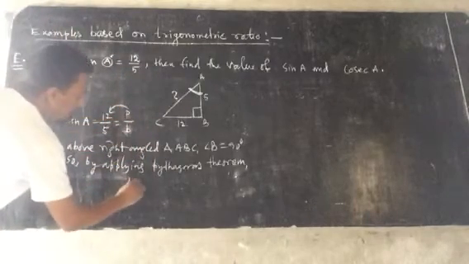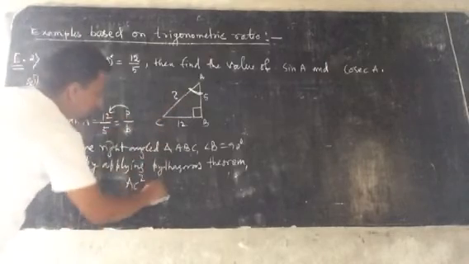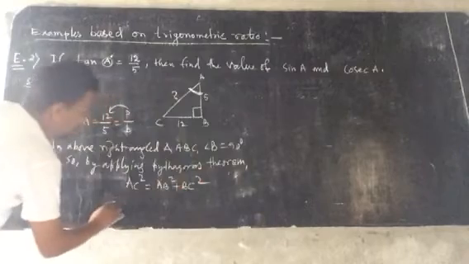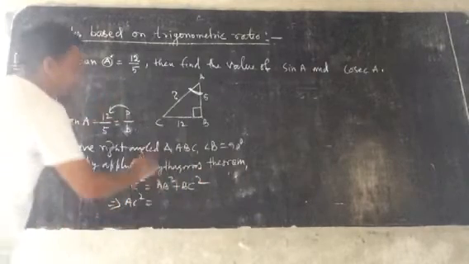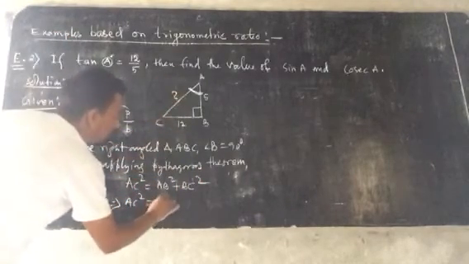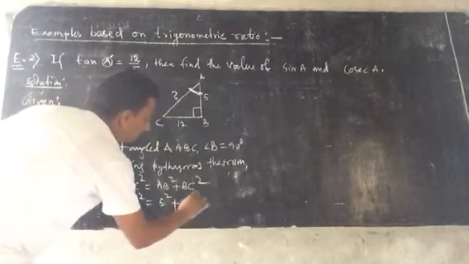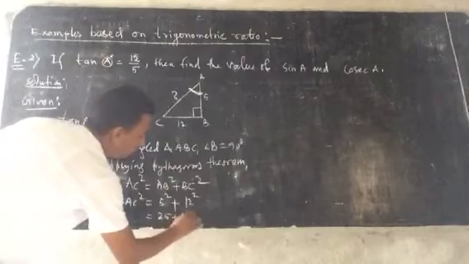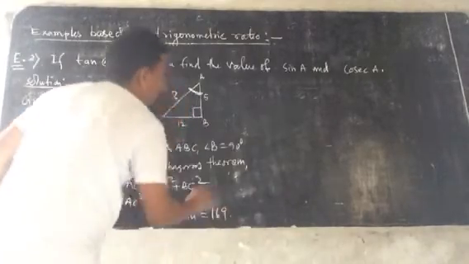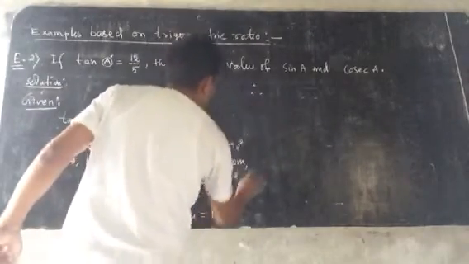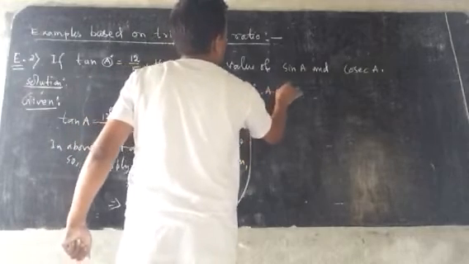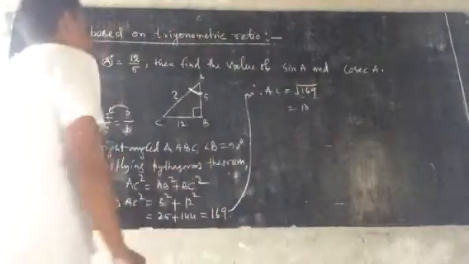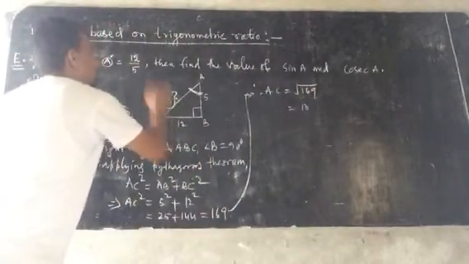So AC square will be equal to AB square plus BC square. AB is 5, so 5 square, and BC is 12, so 12 square, which is 144. So that is 25 plus 144, which is 169. Therefore AC equals the square root of 169, which is 13. In that way we have obtained the third side also.